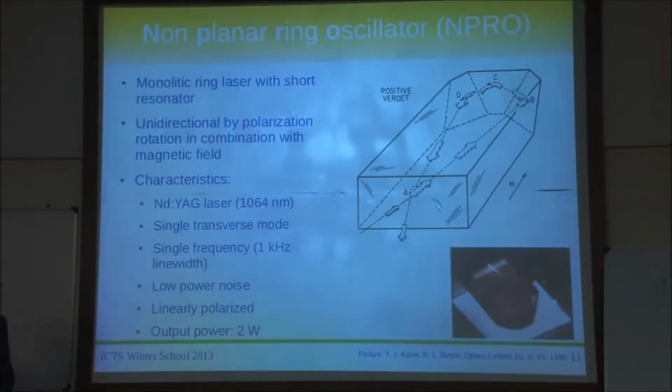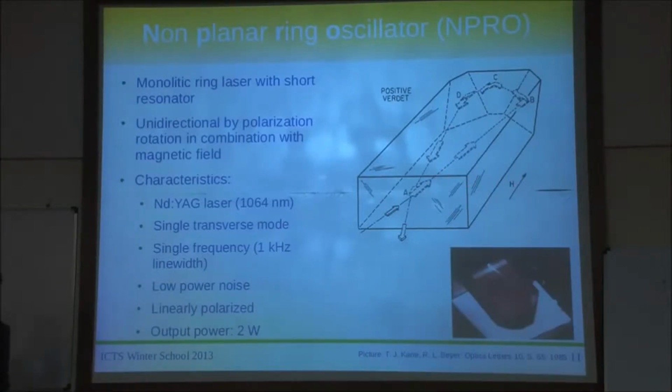NPRO stands for non-planar ring oscillator, and it's actually a monolithic ring laser. As you can see here, it's not really big. It has about the size of my thumbnail, maybe, if one excludes all the electronics and so on around it. And it's monolithic. That means that the laser crystal itself is the whole thing, but there are no mirrors around.